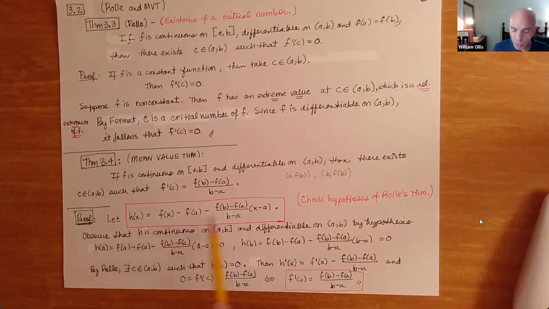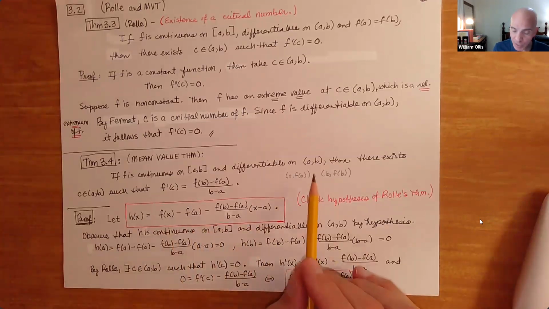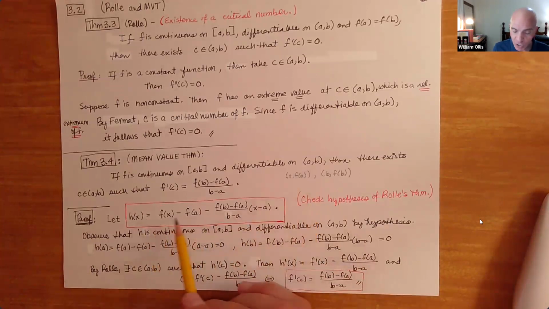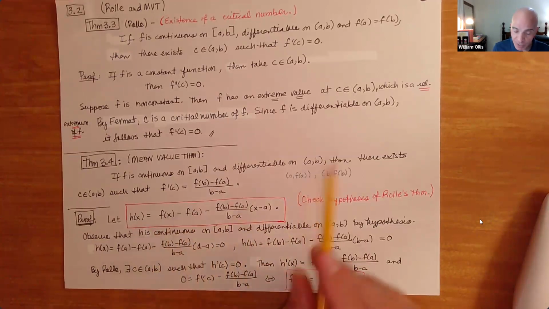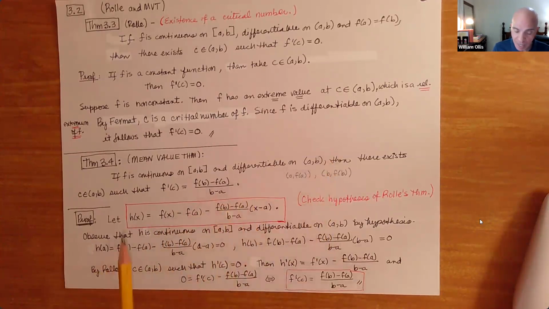So the continuity comes basically for free. Likewise, the differentiability of h comes for free. That is, when we check this, we know that the differentiability of f is given in the hypotheses, and then the rest that's left are just constants and the linear function, and that differentiability is a given because we have our differentiability theorems.